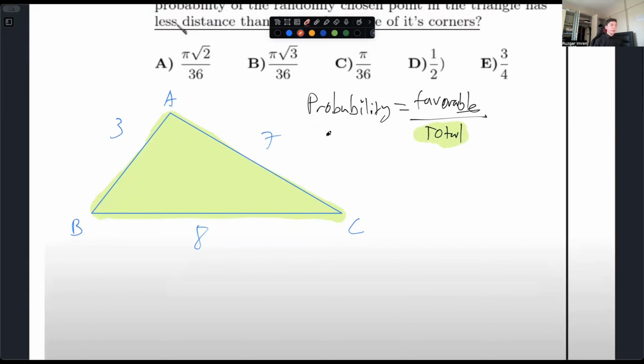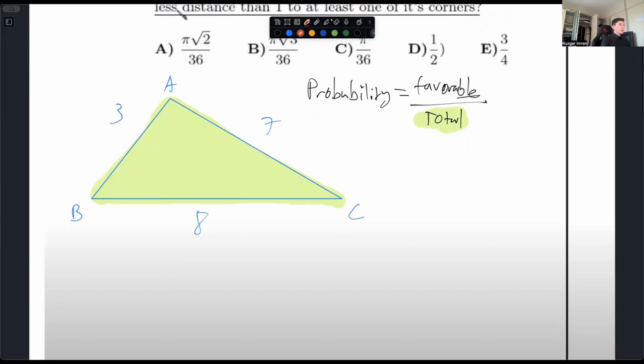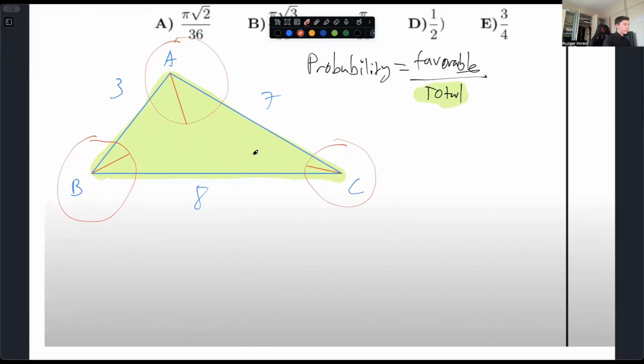And then after that, we can just draw some circles with their radius being the distance from the corners, which is going to be helpful while locating the point that has less than a distance of 1 to the corners.